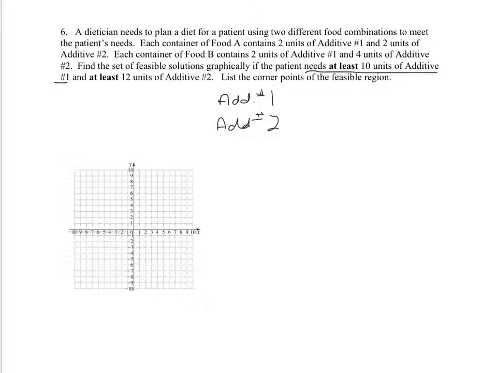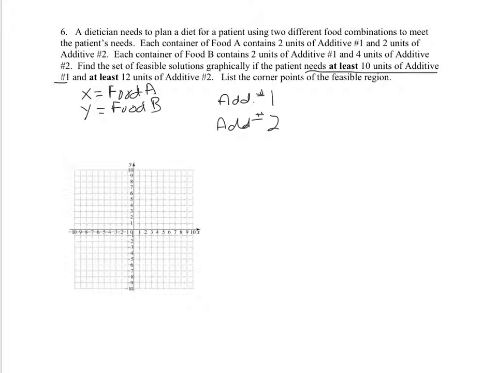If we go back and look at food A, there would be 2 units of additive 1 and 2 units of additive 2. So if we think of the X's and the Y's as food A and food B, we're going to let our X variable represent food A, and our Y variable represent food B.